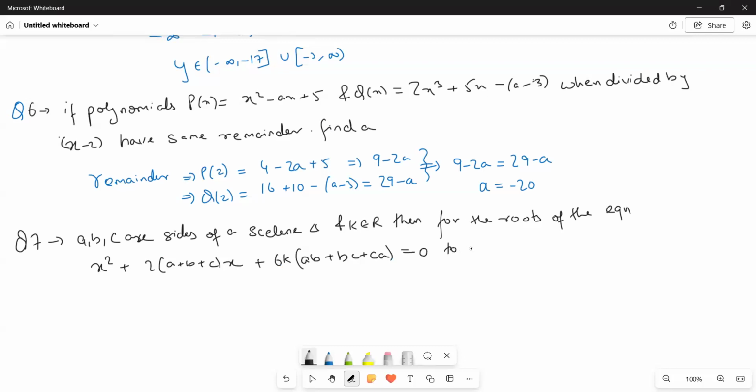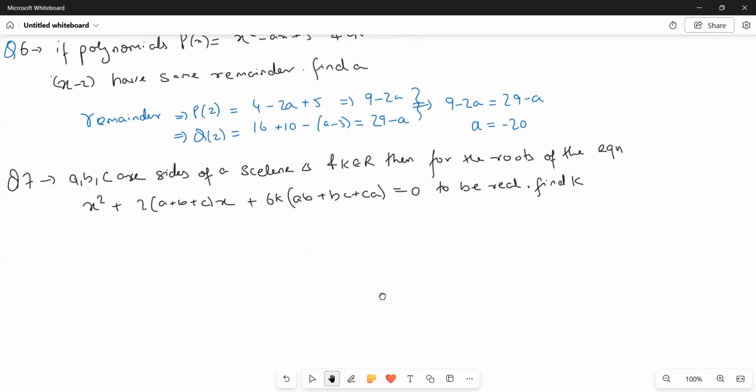Then for the roots of this equation to be real, find k. What should be the value of k so that the roots of this equation are real?